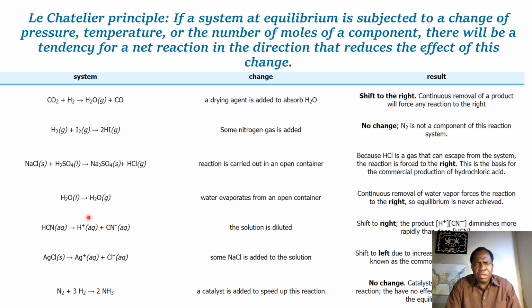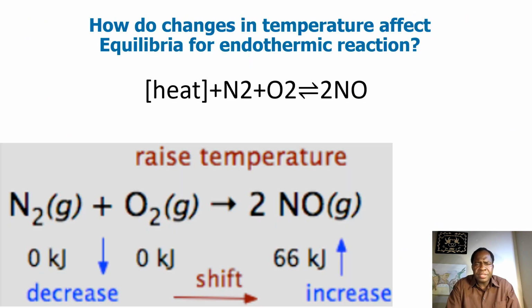If you look at all the reactions here and the changes that occur, you can read about the result that the change will produce for the rest of the reactions on this slide. Okay, let's move to the next slide.